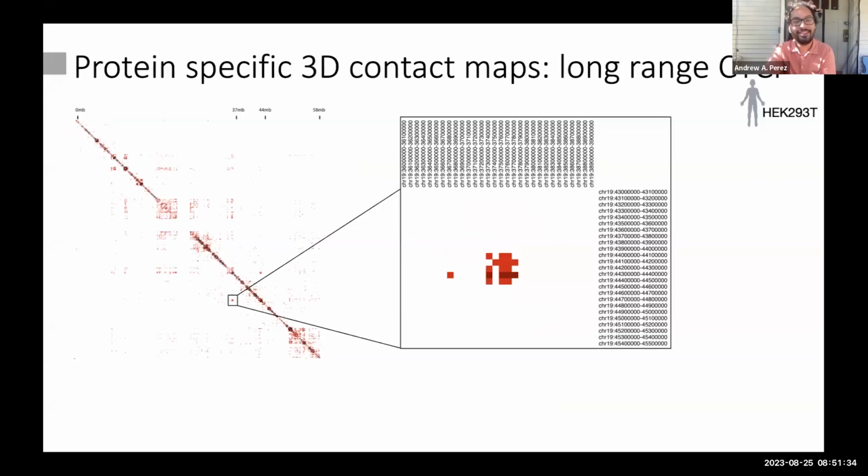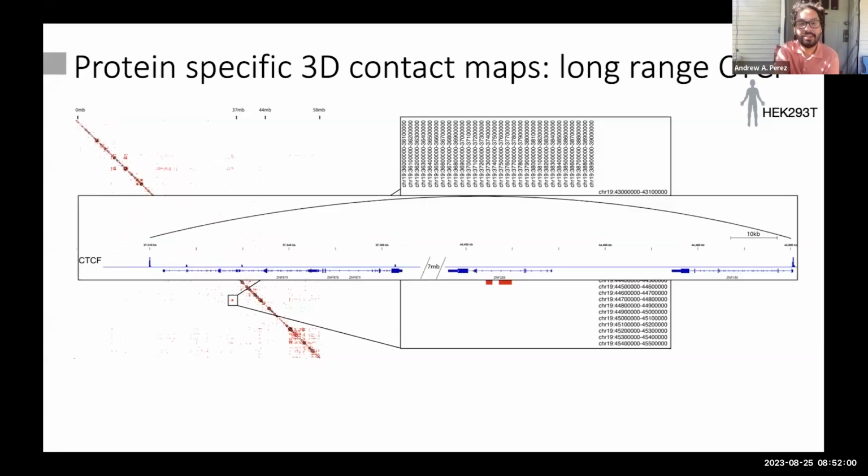And we found one, again on chromosome 19. And if you zoom in, this is about a 7 megabase distance interaction. And so the first thing we wanted to ask ourselves, okay, yeah, this is interacting. It's got a pretty strong interaction. But are there even CTCF sites here? And so we zoomed in and used our data to investigate this.